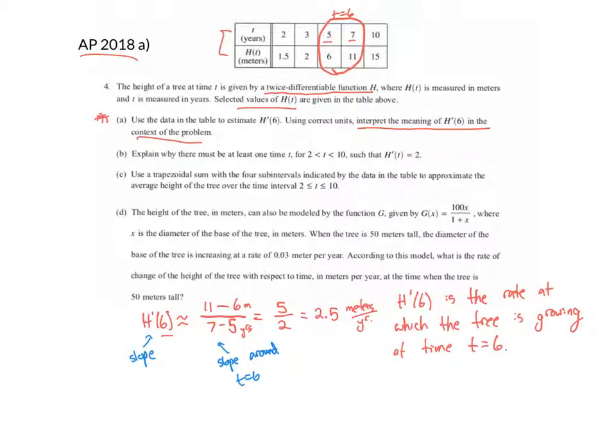There we go. It's important to include not only the calculation, but also the interpretation with the correct units as well. Those are all 3 parts of this particular question. All right, try some of the other ones.